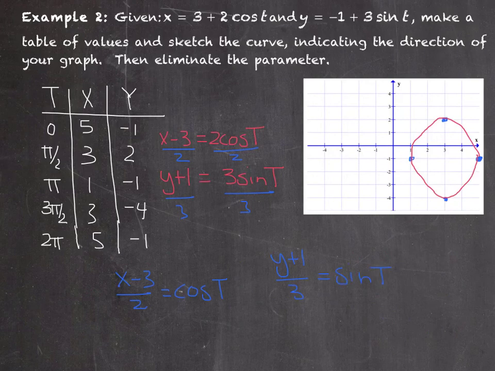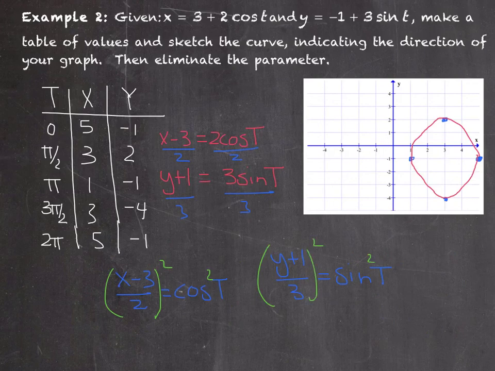And then we're going to square both sides of the equation and add them together. So here is one where you do not take the inverse cosine to solve it for t. You do not take the inverse sine to solve it for t. All you simply do is square both sides and add them together. So we're going to do that. We're going to square this, square that.